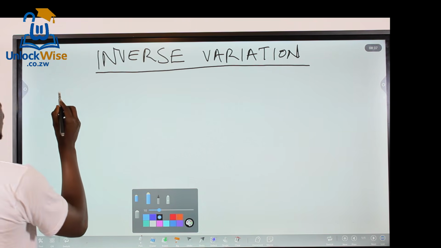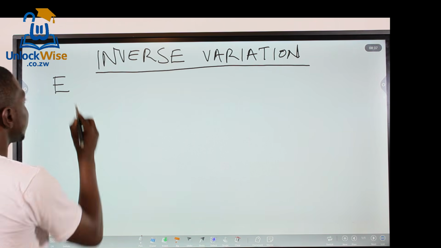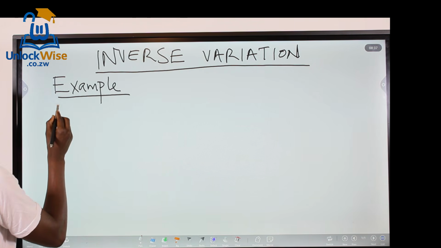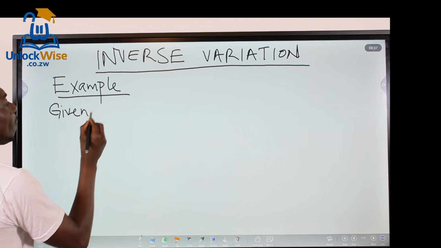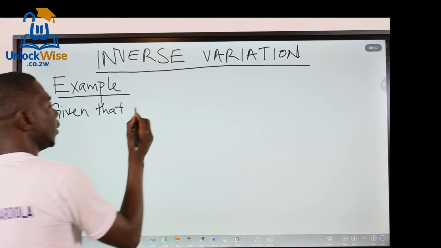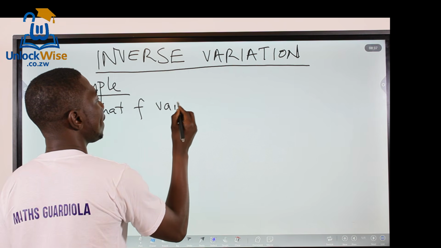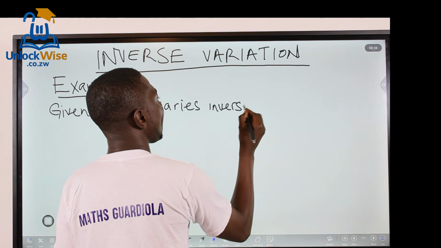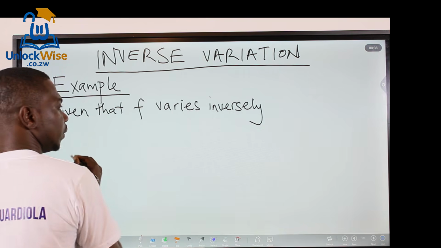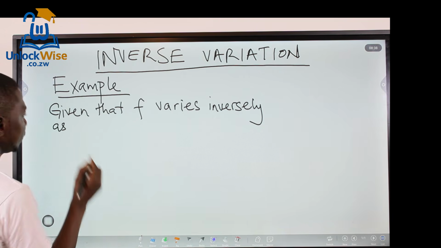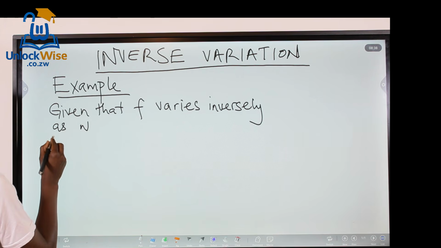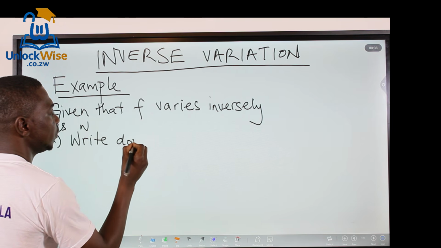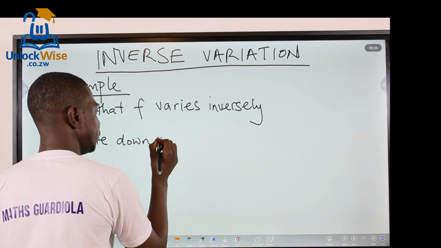So let's say, given that f varies inversely as w, write down an expression.